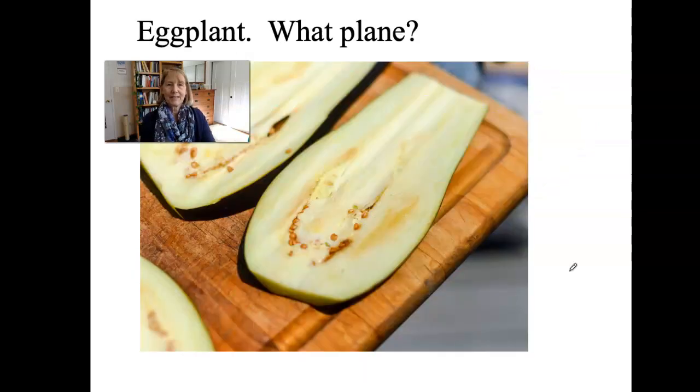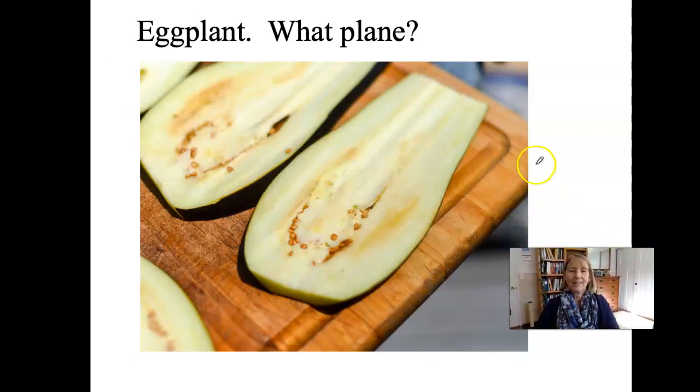Okay, if I use an eggplant, and then I ask you what plane this is sliced in, because we still have a head, right, we're going to call that the head. What plane? You can't tell.